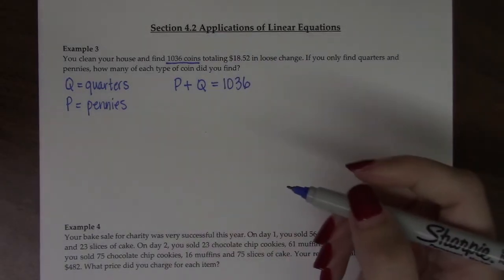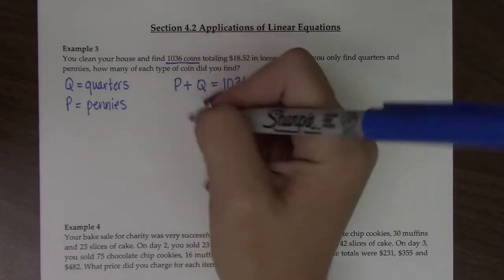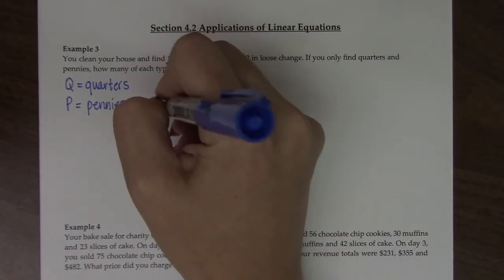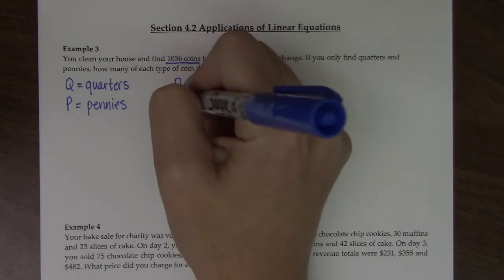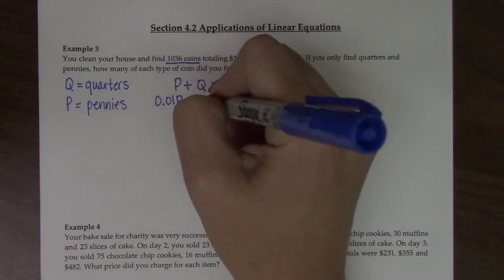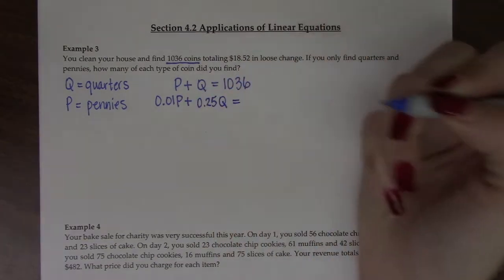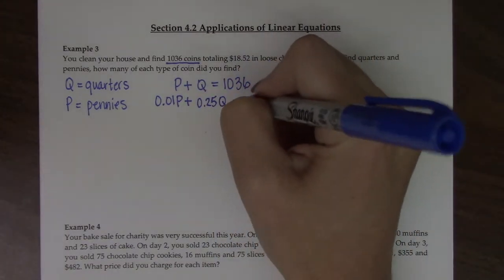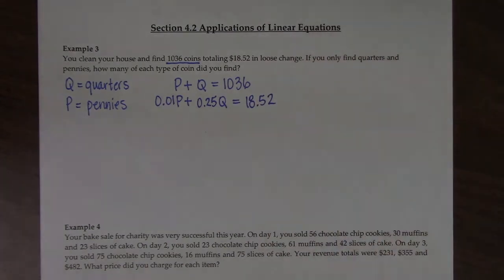Then we're told that the amount of money that I found was $18.52. So if I take the number of pennies that I have and multiply it by 0.01, it'll tell me how many dollars I have, right? And I take the number of quarters that I had and multiply it by 0.25, we know that this adds up to 18.52.